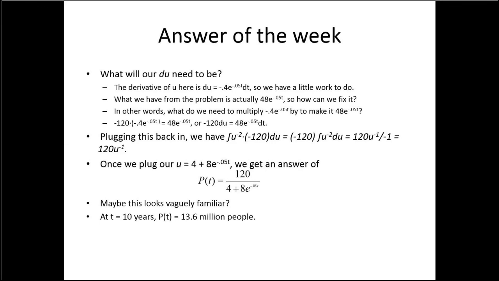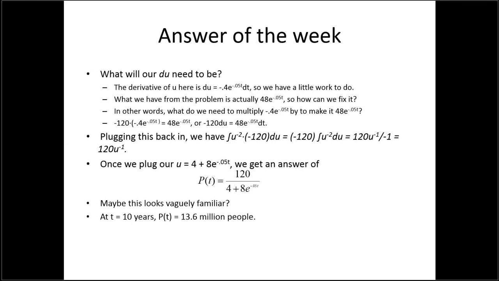Okay, and what we actually have in the problem is a 48e to the negative 0.05t. So how do we rectify that? If you remember a few slides ago, we have to put in a little fudge factor there to make things fit. So what do we need to multiply negative 0.4 e to the negative 0.05t by to make it fit with what we have in the problem? We have to multiply it by negative 120.